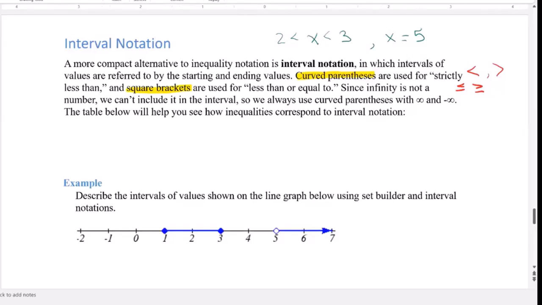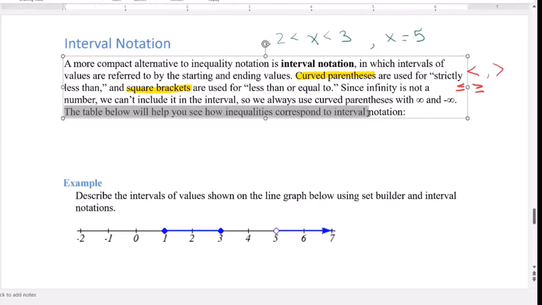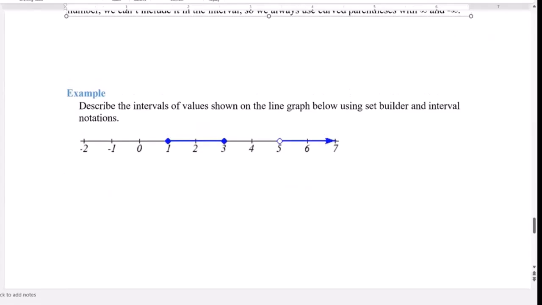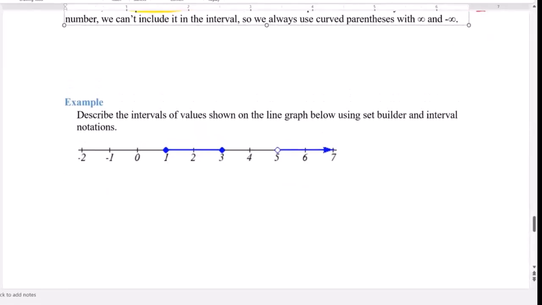I didn't actually leave the table. I think the table is in your book, but I think it's more confusing than it's helpful because interval notation is really simple. So I'd like to show you how to make it simple. So I look here and I want to describe the interval of values shown on the line graph using set builder and interval notation.